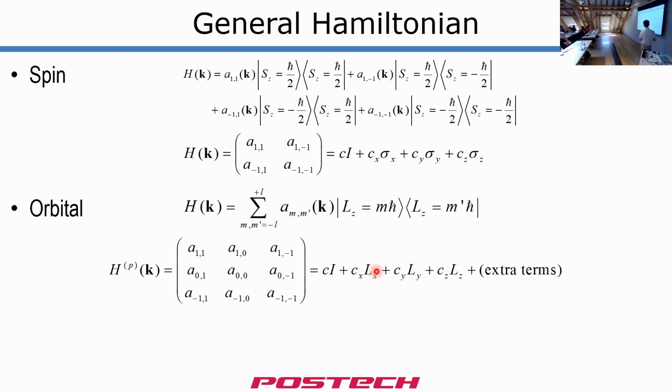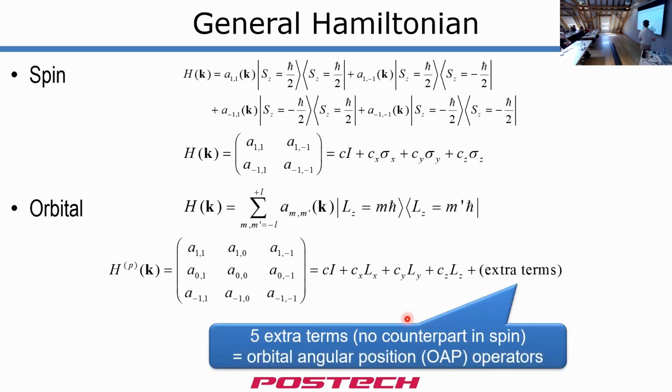That means orbital angular momentum operators do not provide a complete description of orbital dynamics. We need an extra degree of freedom, which I call orbital angular position. The name is similar to orbital angular momentum, and you will see that the relation between these extra terms and the first term is very similar to the relation between position and momentum.